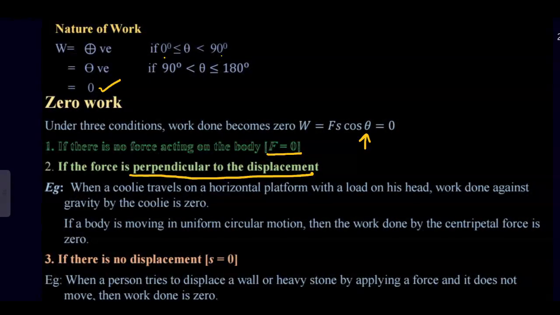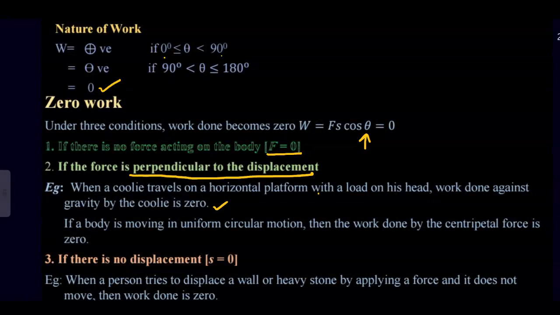So when a coolie travels on a horizontal platform with a load on his head, the load is on his head and he is moving horizontally. The angle is 90, that's why work is 0.